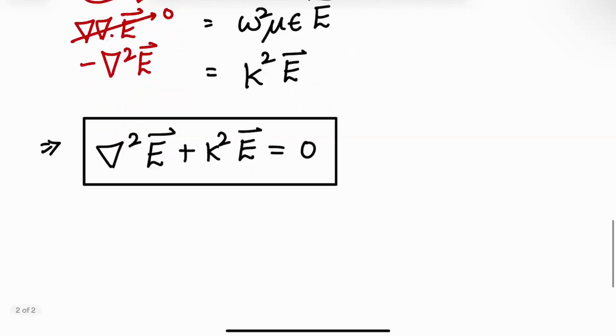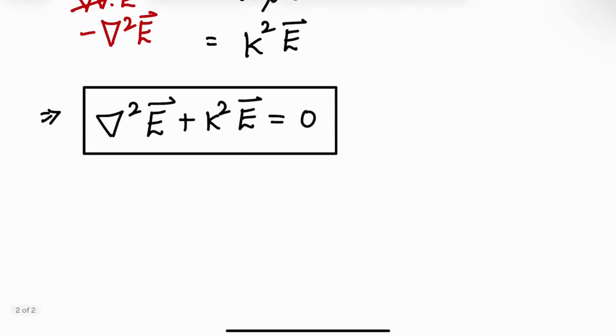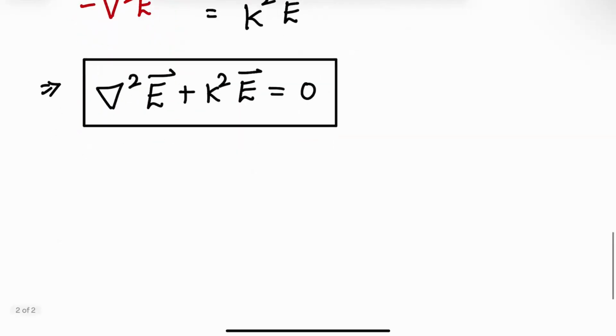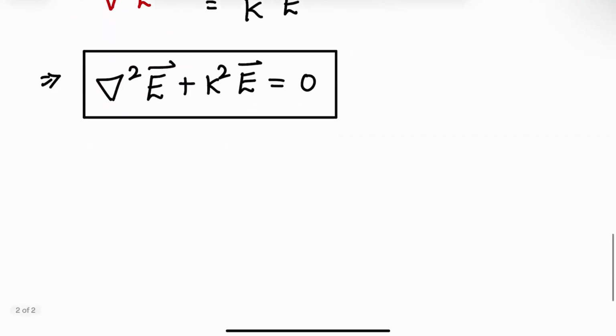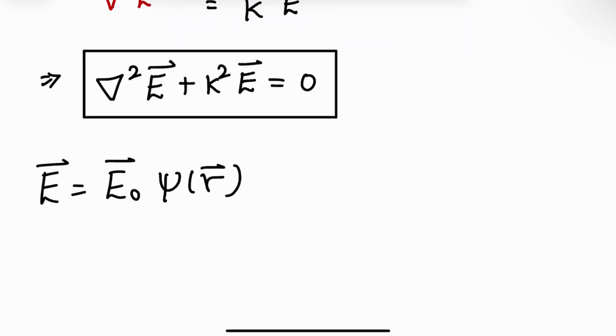We are looking for solutions to this vector wave equation in a homogeneous medium. The simplest solution is of this form: E equals E naught psi of r. So it's some constant vector, and that constant vector has an amplitude modulation given by psi of r.